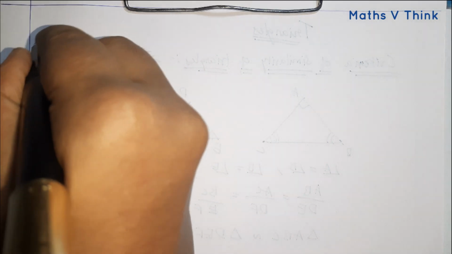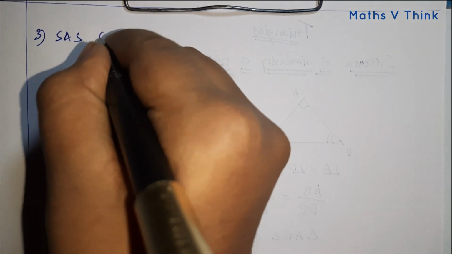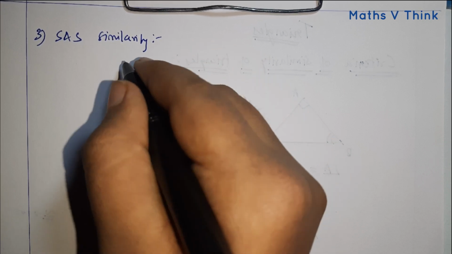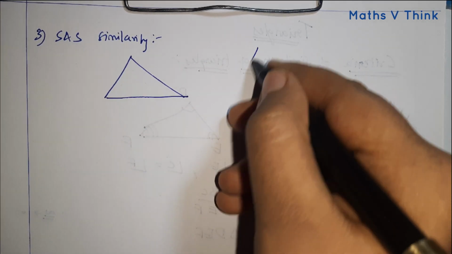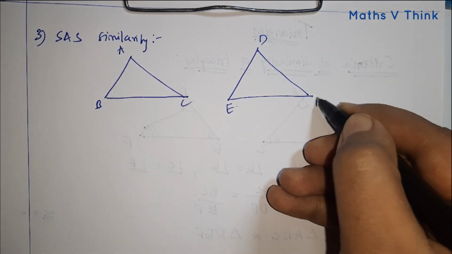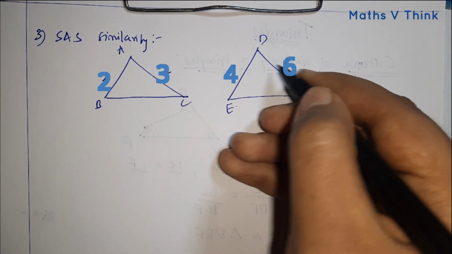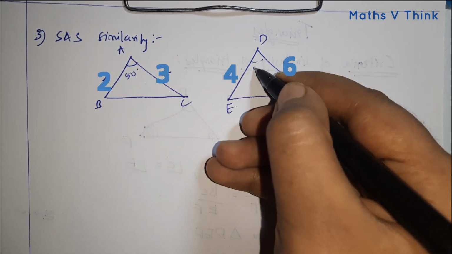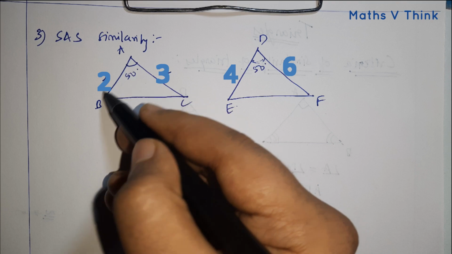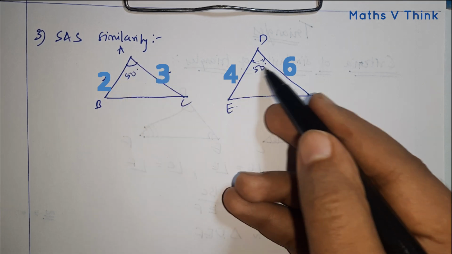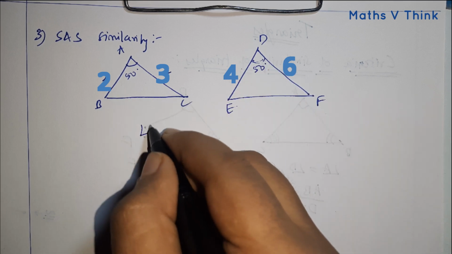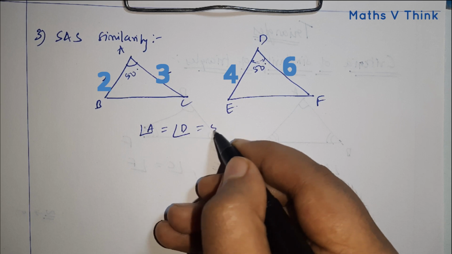The third similarity is SAS similarity. Let's take an example. You can see this is side angle side. The angle should be equal and the two remaining sides should be in the same proportion. Here I can tell angle A is equal to angle D is equal to 50 degrees.